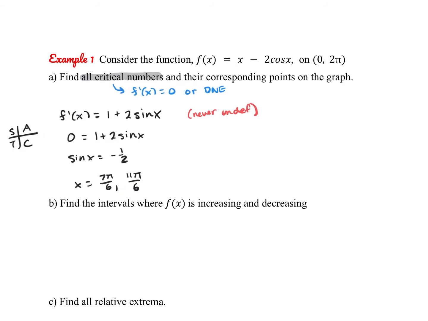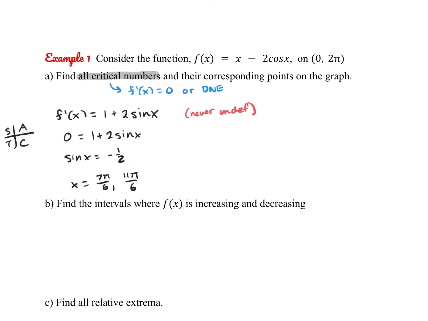But we do want the full coordinates where those critical numbers occur. So I'm going to go back and plug those x values into our original function. So we'll find f of 7 pi over 6, which is 7 pi over 6 minus 2 times the cosine of 7 pi over 6.